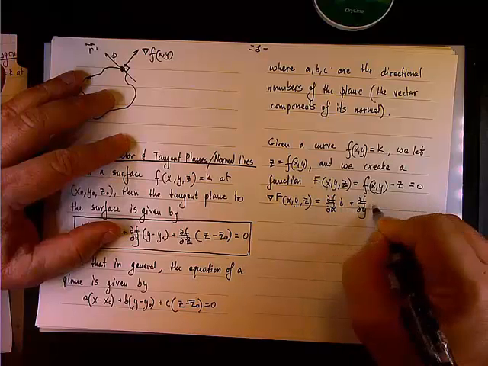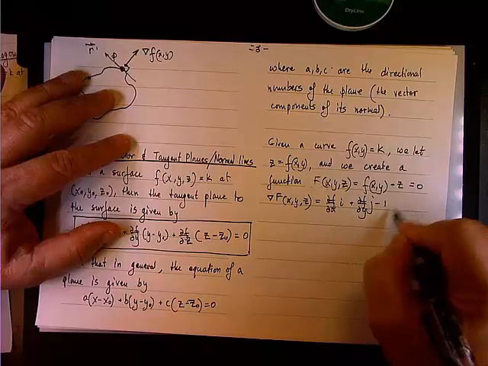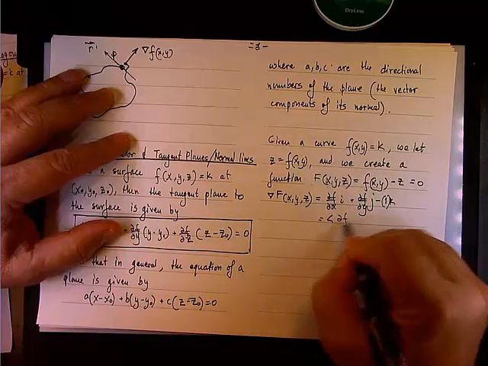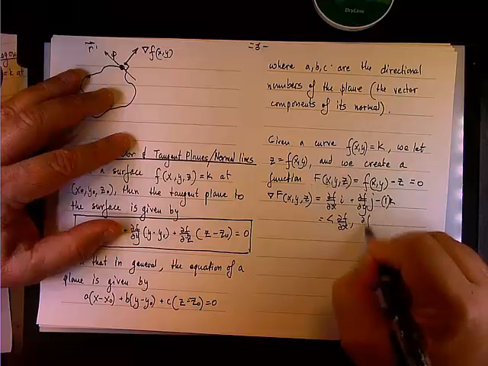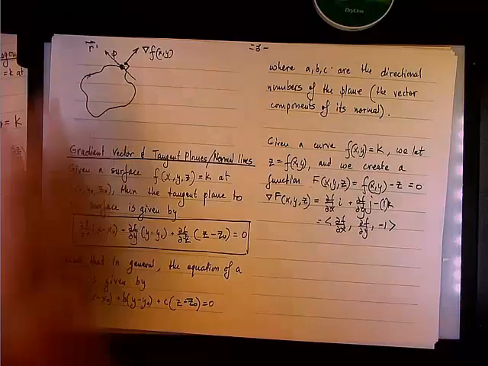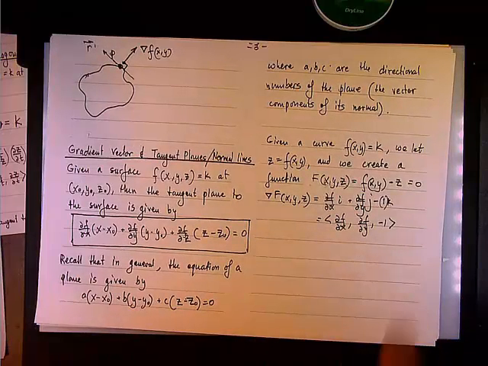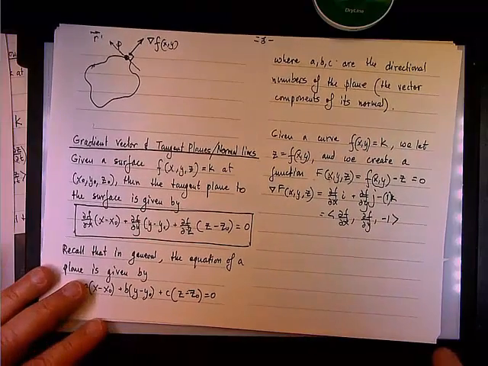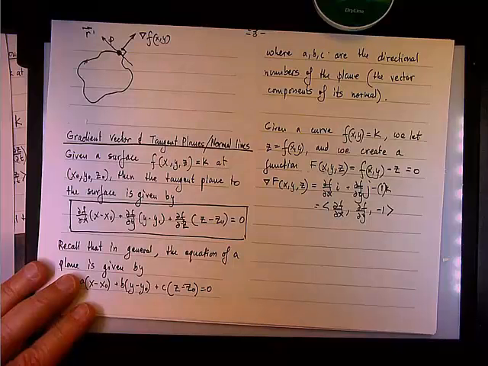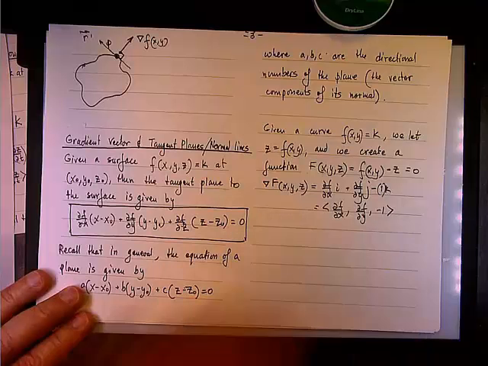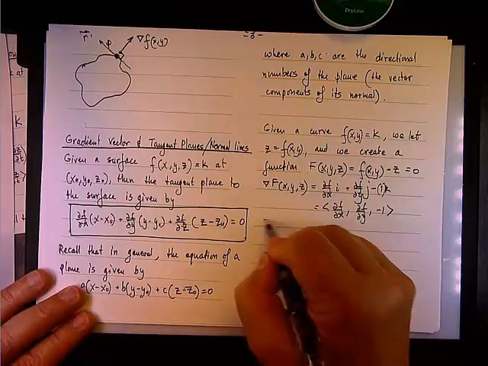So you'll have del f del x in the i direction, del f del y in the j direction, and then -1 in the k direction. We can write it as the vector del f del x, del f del y, and then -1, like so. This is important: the third component becomes -1 if you have a function of two variables only.